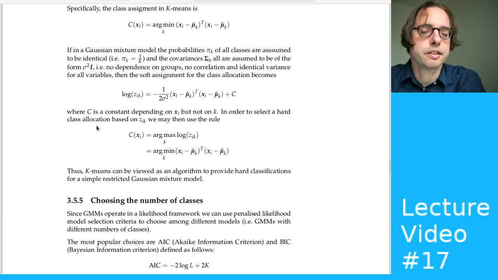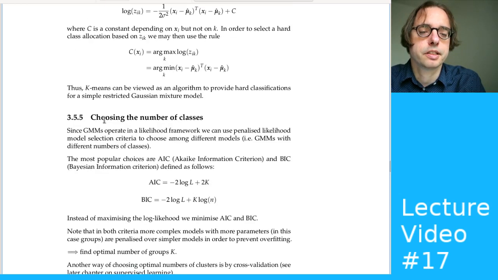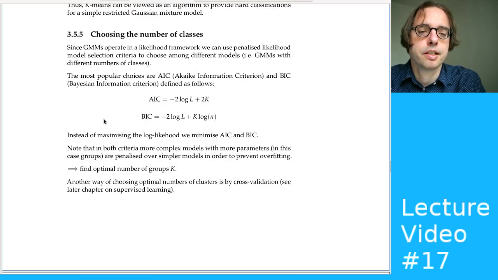So finally, in conclusion of this lecture, let us briefly look into how to choose the number of classes. In k-means we decided to use the between class variation and within class variation. We could do this as well, but since we are in a likelihood framework, we can do other things, including the BIC that we discussed last term, or AIC. So I've written down these criteria here as well.